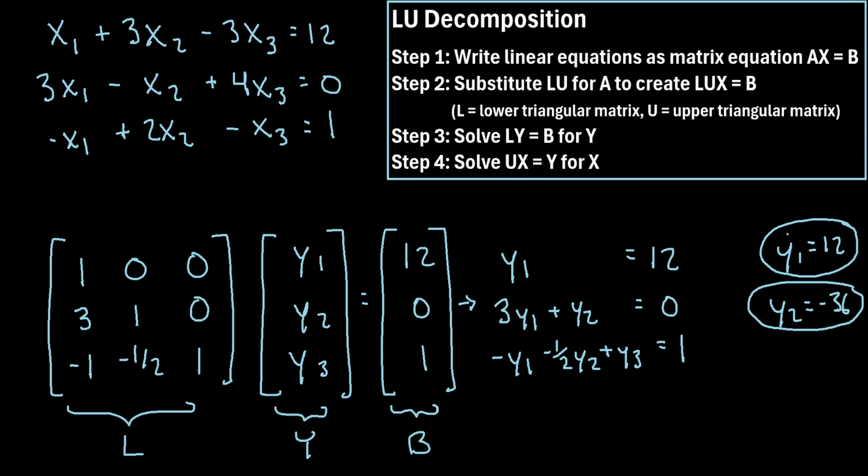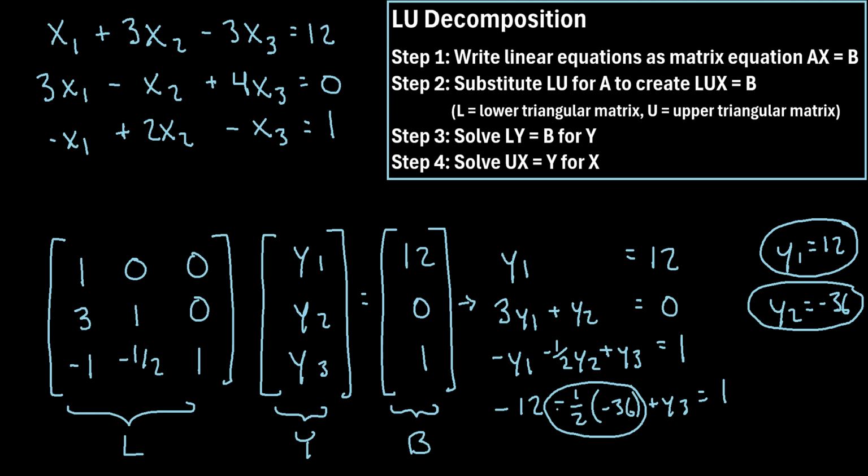And then lastly, we can plug this value of y1 and y2 into this last equation to solve for y3. So we get negative y1 is 12, so let's write that. Negative 12 minus 1/2 times y2, we said is negative 36, plus y3 is equal to 1. So negative 1/2 times negative 36, this is a positive 18.